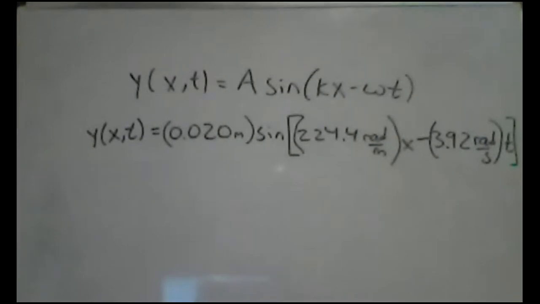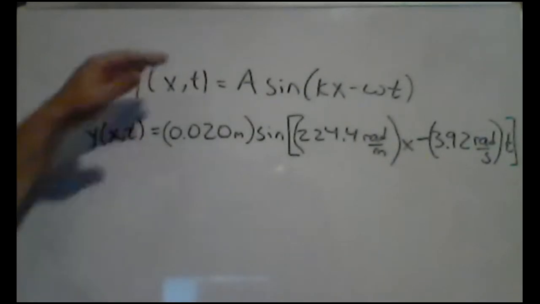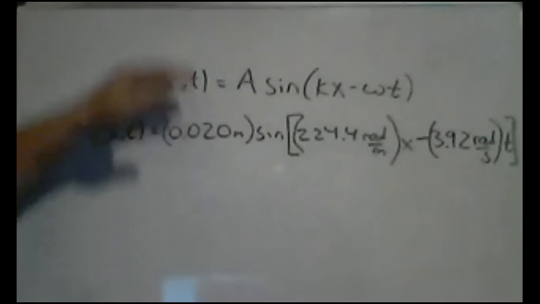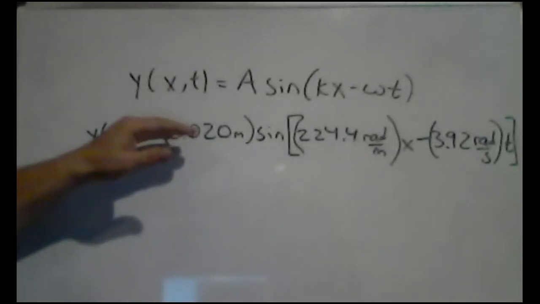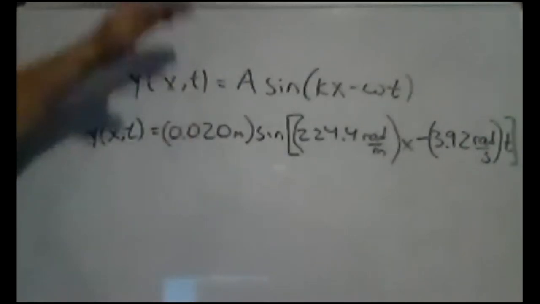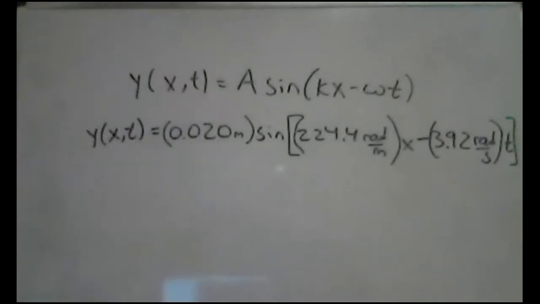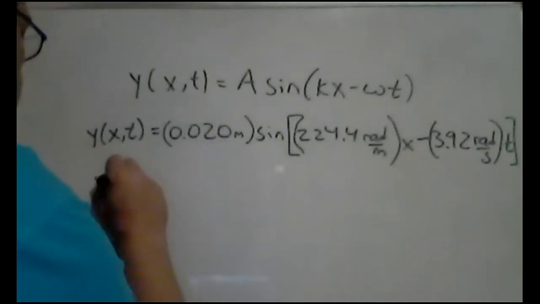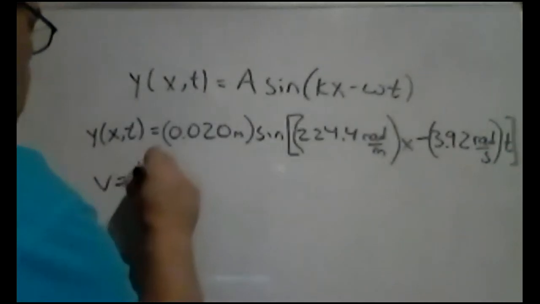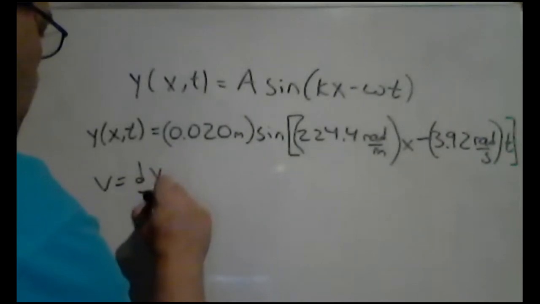Okay, so that v max, what are you doing? This is your displacement of y. This is a transverse wave. How do I know how fast it's going? Well, I would take a time rate of change of this, right? So the velocity is given as the time rate of change of y.